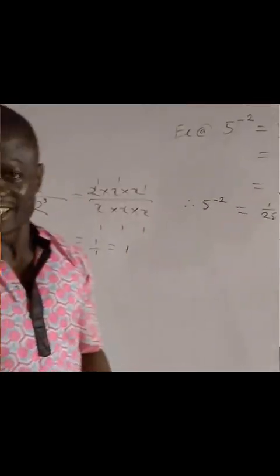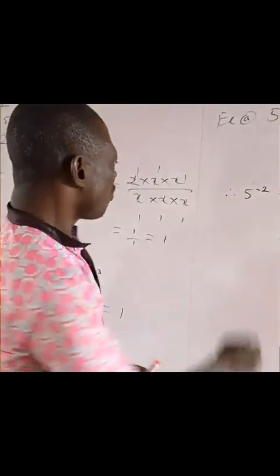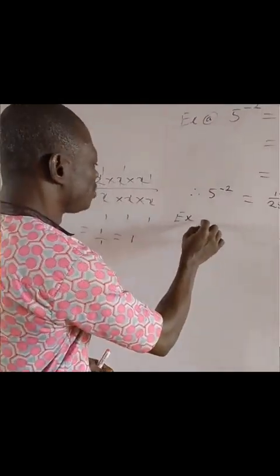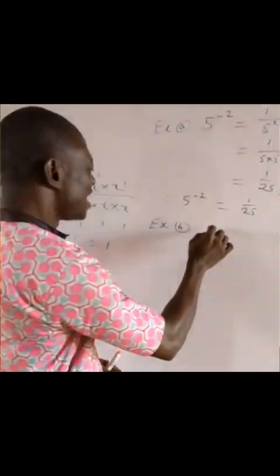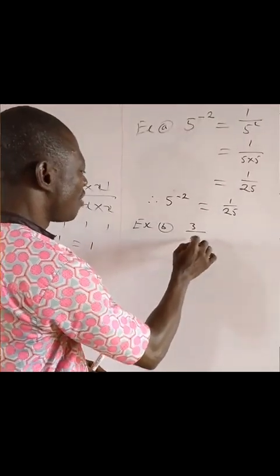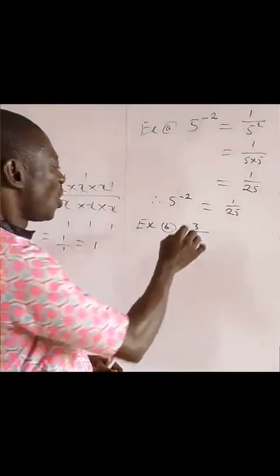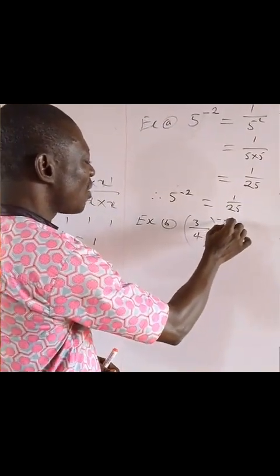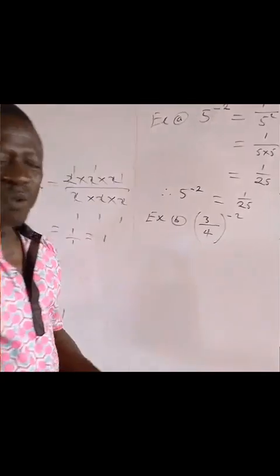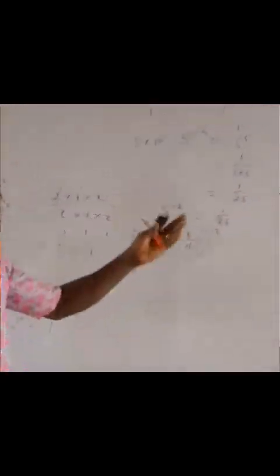Very interesting, isn't it? Alright, but what about example number 2, which is 3 over 4 all raised to power minus 2? How will you write it? Okay, we can use another index.